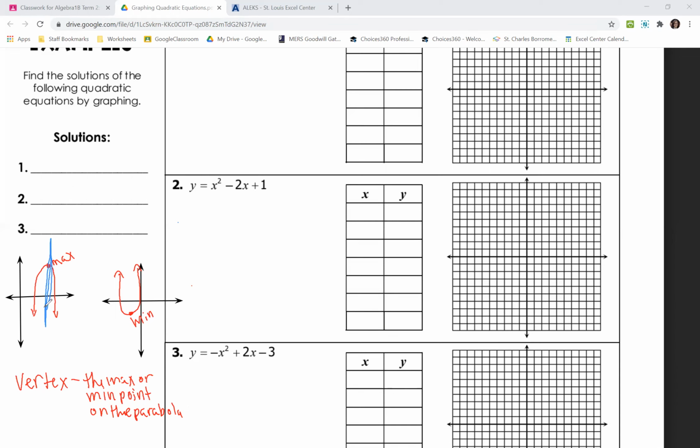It's symmetric on the left-hand side and the right-hand side. It's like if you folded it on that line. If you had this piece of paper and you folded it on that blue line, the parabola would match up very nicely. It's like a reflection. We're not going to talk too much about the axis of symmetry, but whenever we start graphing, it might make a little bit more sense if you understand why we pick the points we pick because of that axis.